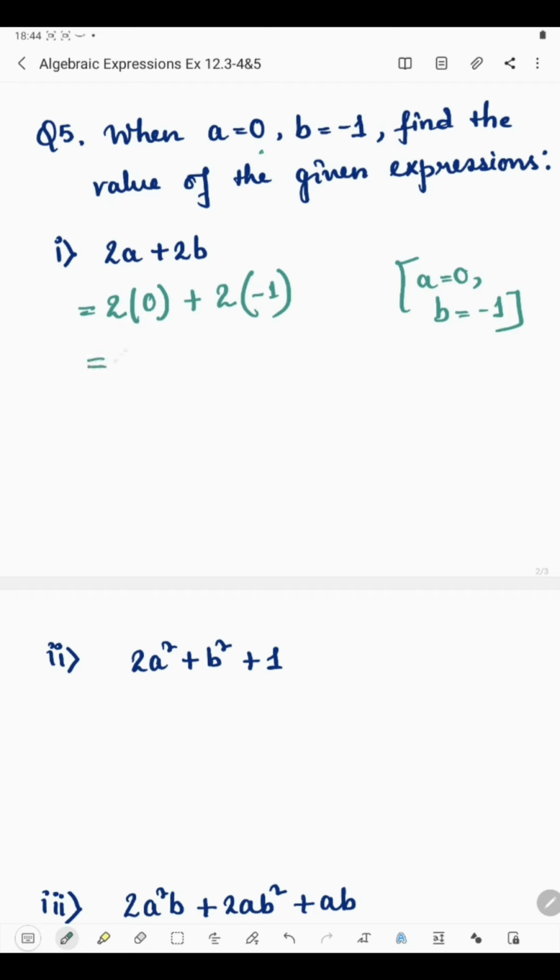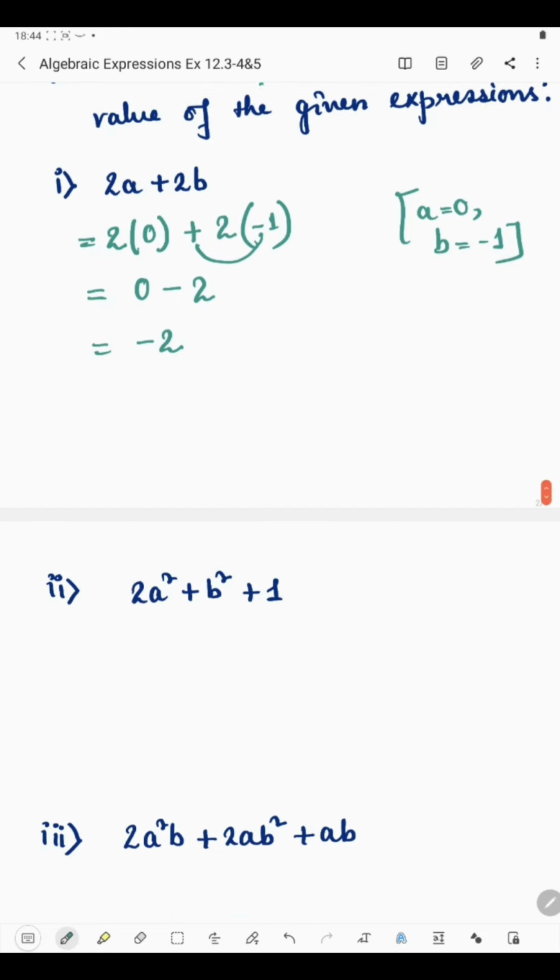Now 2 multiplied by 0 is 0. Now plus and minus, when you multiply, since there are 2 opposite signs, we'll get minus. So plus minus, and 2 multiplied by 1 is 2. Now 0 minus 2 is minus 2. So the value of this expression will be minus 2.